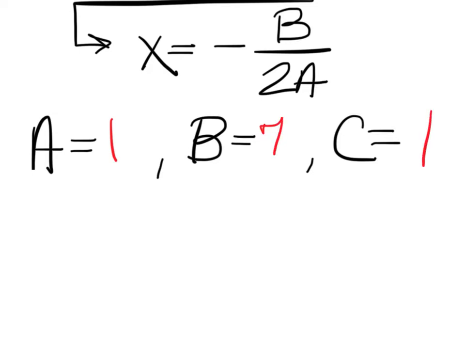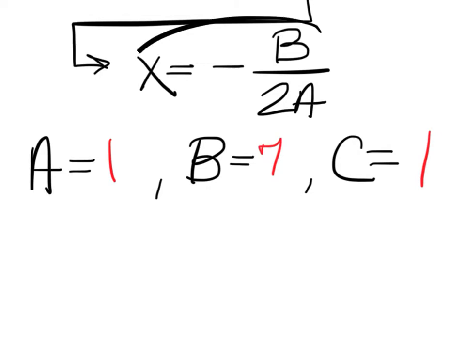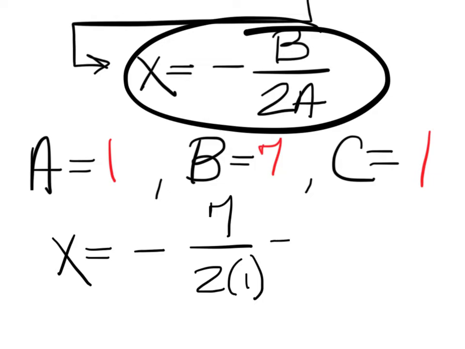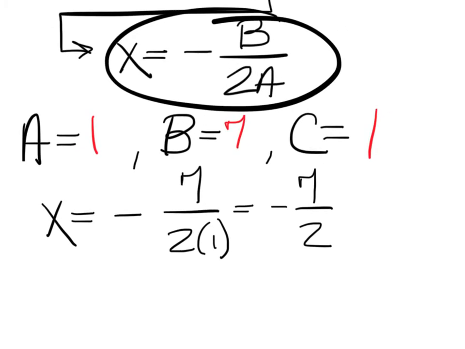You must use this formula to find the x value of the point that is the vertex. So x equals negative b over 2a. B is 7, a is 1. That simplifies to negative 7 over 2, which is a negative 3.5.